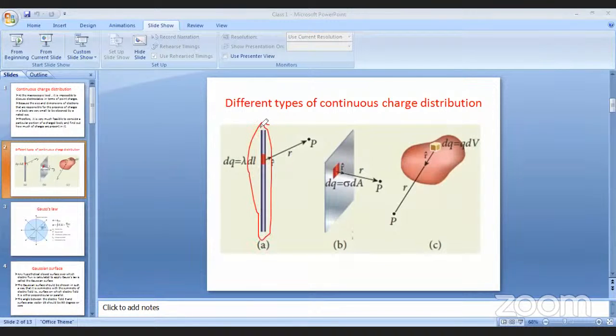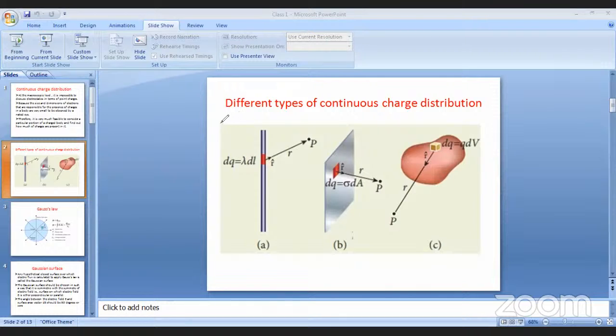In this uniformly charged wire, there's a particular quantity called linear charge density. What is meant by linear charge density?